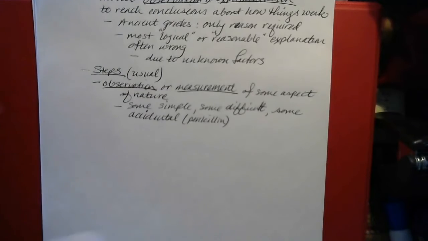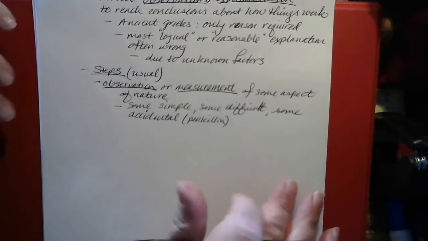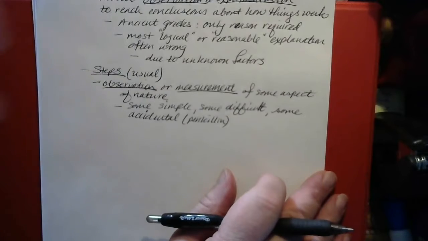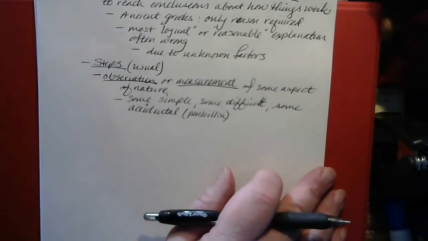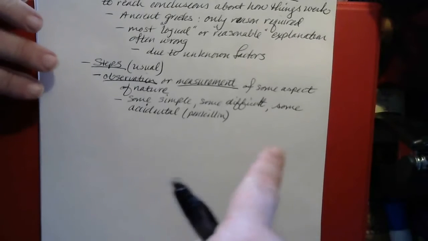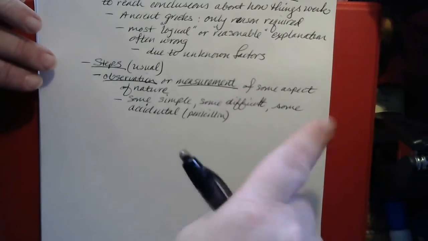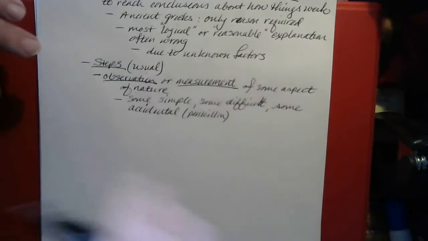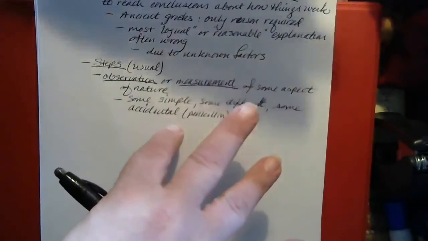When he came back, he noticed that there was mold growing in some of the petri dishes. Fortunately, he was lazy, and instead of cleaning them out immediately and saying, "Oh, that's gross," he looked at the petri dishes first. And what he noticed was, in the areas around where the mold was growing, the bacteria were completely dead. And in the areas where there was no mold, the bacteria were thriving.